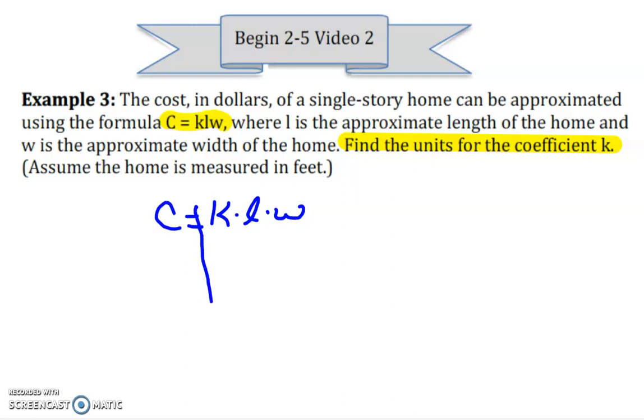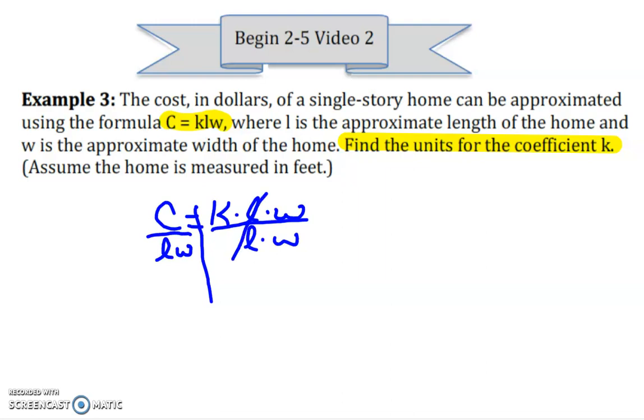So you ask yourself, what operation is happening? Both of them are multiplication. The inverse of multiplication is division. So what we're going to do is divide to get rid of those. We're going to divide by an L and a W so that they will cancel out. But if you do it to one side, you have to keep it balanced by doing it to the other side.